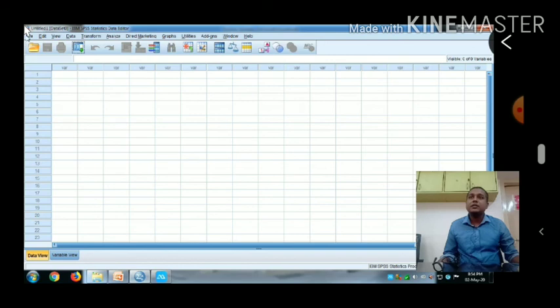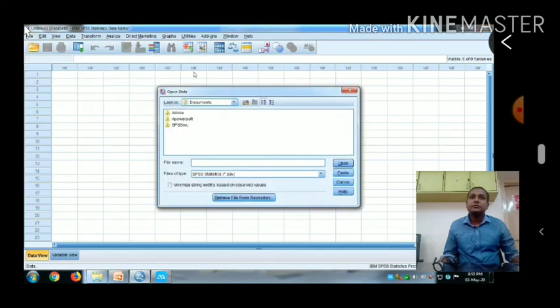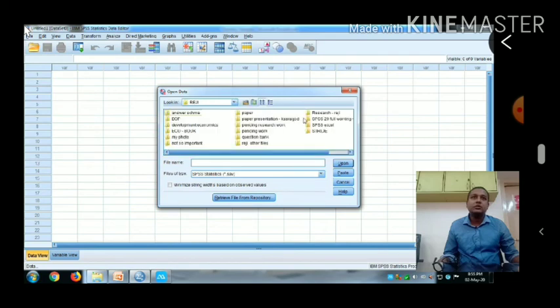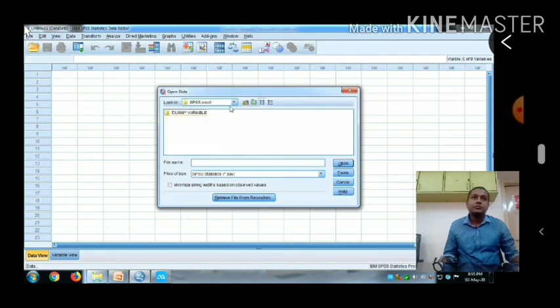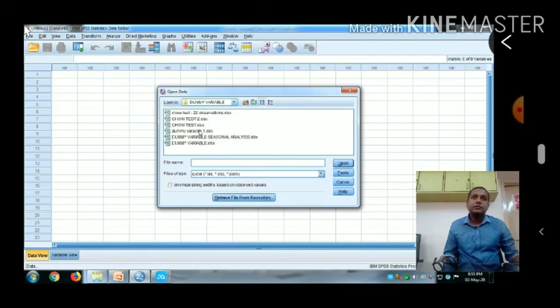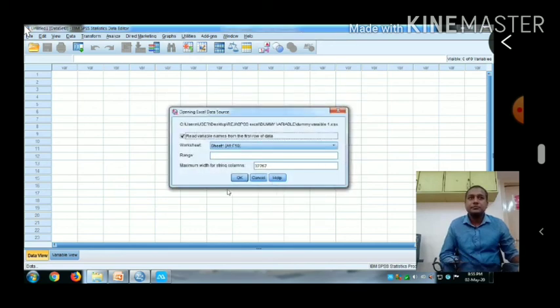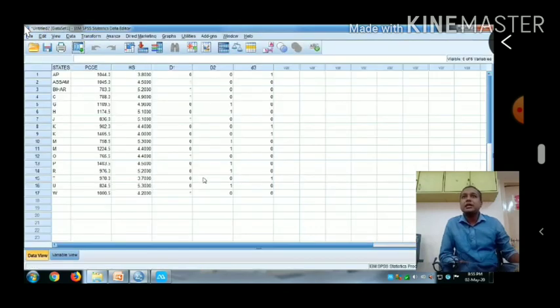Now in SPSS, open data. I have saved the data on the desktop, the dummy variable file. You can see here in our previous example: state, per capita consumption expenditure, household size, which we have not used and have kept for a future class.